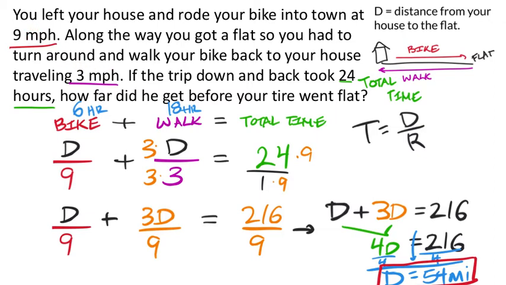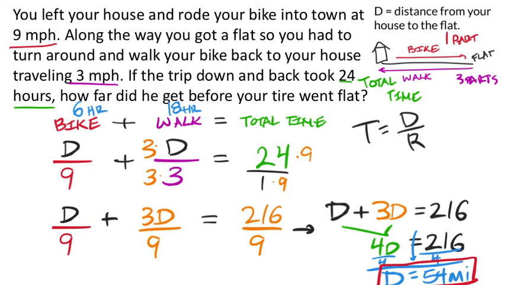So the walking would have been 3 parts, and then the biking would have been 1 part. Well, what am I talking about, 1 part? I'm talking about time, because 1 part of the time and 3 parts of the time. Again, how do we know that? Because biking was 3 times as fast as the walking. If it takes 24 hours, then we can take that 24 hours and break it up into increments.